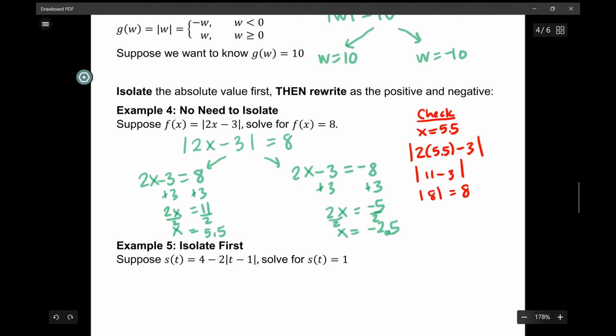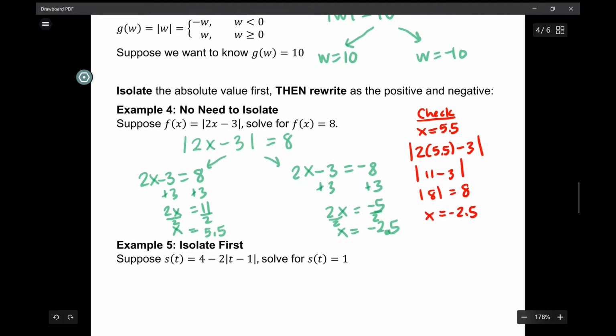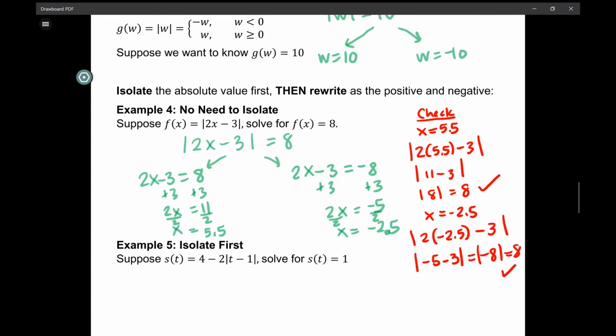Let's go ahead and check the other one too, just for the fun of it. Check x equal to negative 2.5. So plugging in negative 2.5, 2 times negative 2.5 is negative 5 minus 3 is negative 8 in absolute value, which is 8. So we checked both our answers there just by plugging them in. That's one way you can check it.